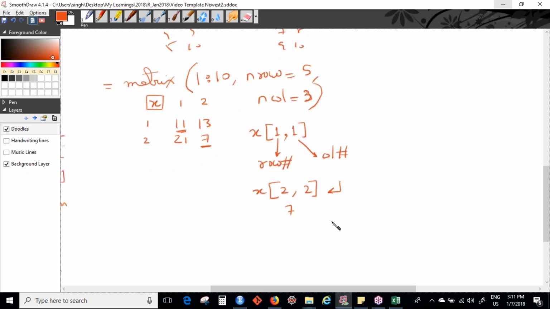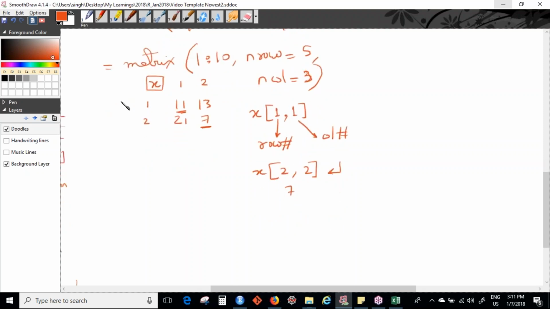Now let's assume that you have a very big matrix. So this is row number 1. Let's say you have 100 rows here, and these are all some values. Now if I tell you I want all of this, how will you do this?